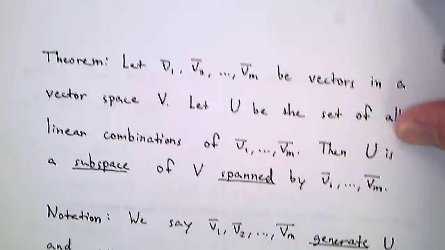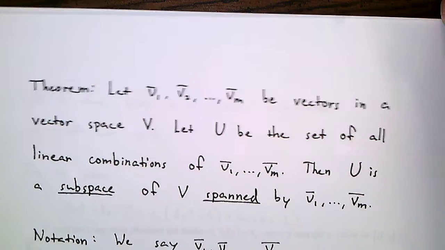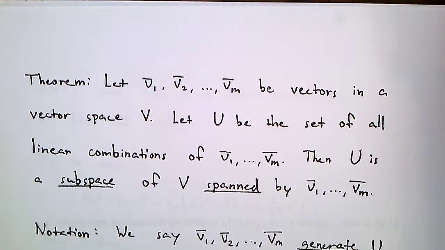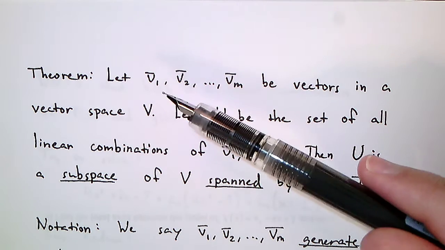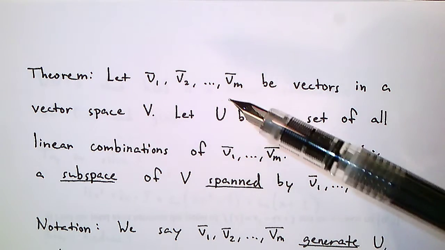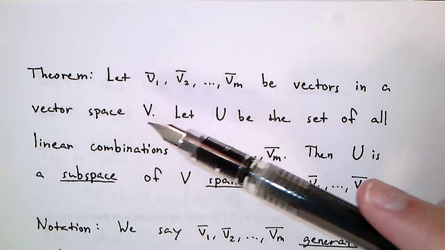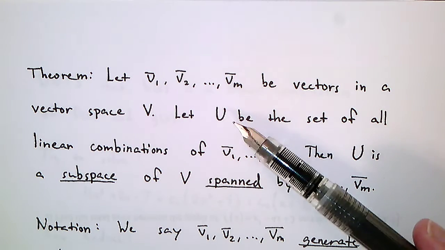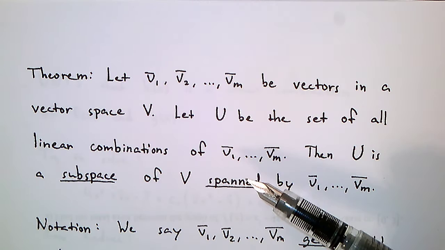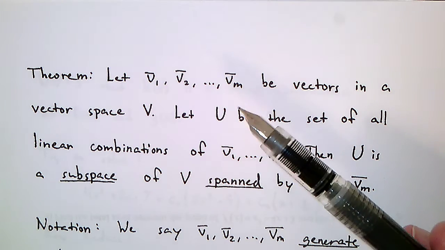Now let's talk about an important theorem. Again, we're going to have some list of vectors in a vector space. So v1, v2, up through vm are vectors in the vector space V. And this new set, U, is going to be the set of all linear combinations of my vectors.